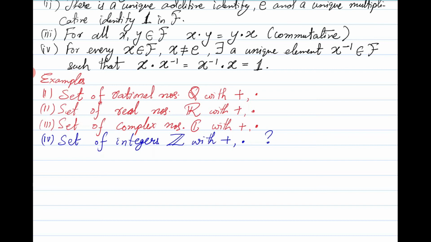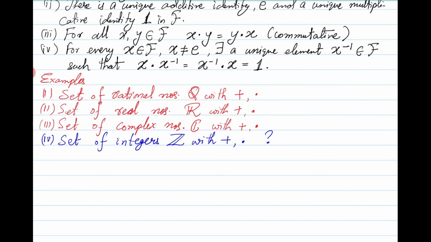We know that the set of integers is a commutative ring. There is a unique additive identity element 0 and a unique multiplicative identity element 1. But the question is, will a multiplicative inverse exist? We'll call this x inverse the multiplicative inverse. The product of an element from this set and its multiplicative inverse should give me the multiplicative identity 1.